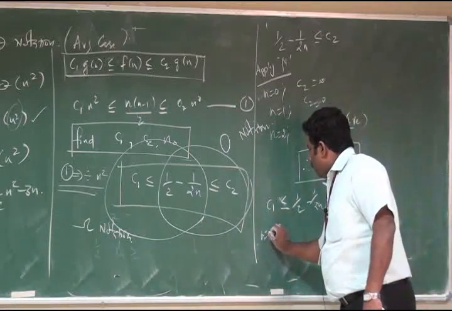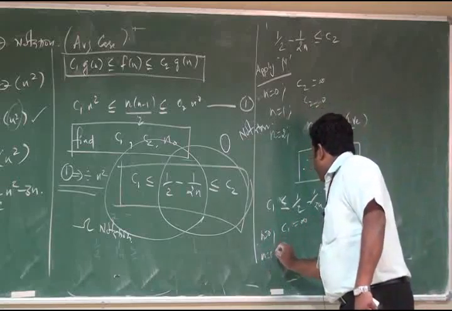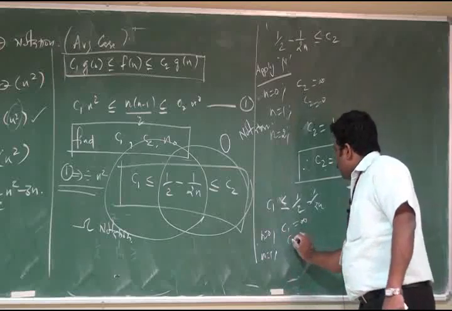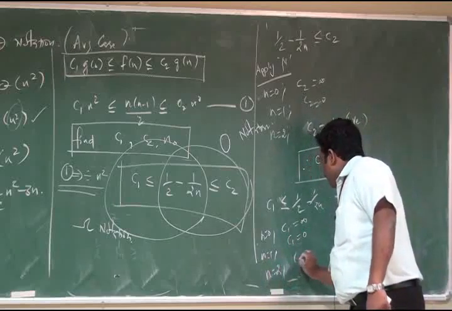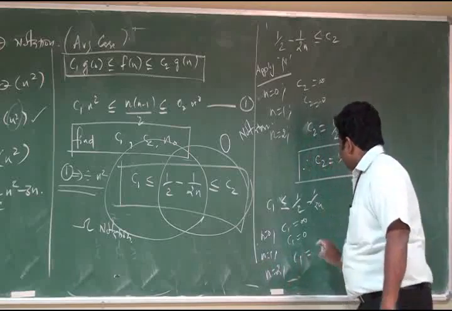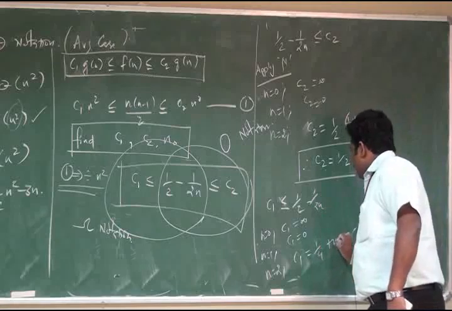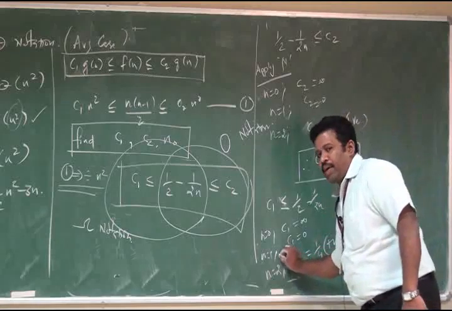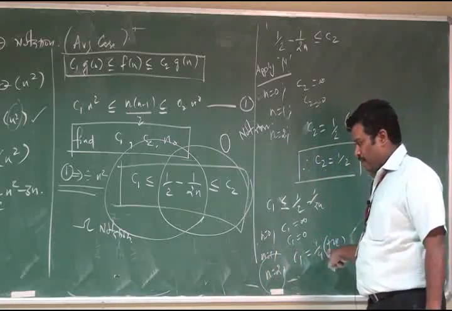When n equivalent to 0, you are getting C1 as infinity. When n equivalent to 1, you are getting C1 equivalent to 0 again. When n is equivalent to 2, you are getting C1 equivalent to 1 by 4. It is the first positive value, because with n equivalent to 2, you are getting C1 as the first positive value.